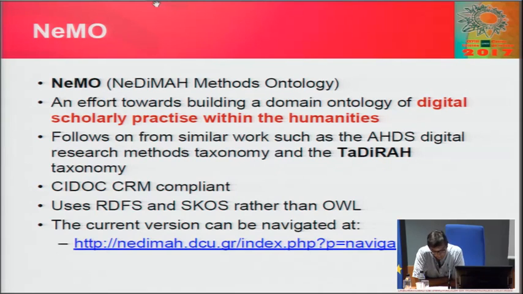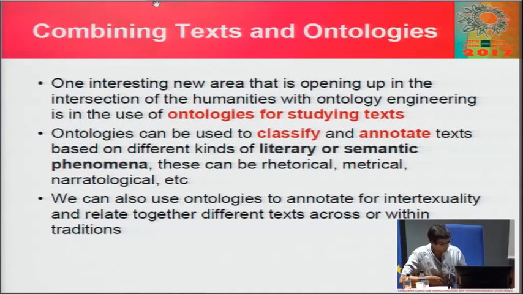It's an ontology that follows on from and consolidates similar previous work, for example the AHDS Digital Research Methods Taxonomy and the TaDiRAH taxonomy. NeMO is CIDOC CRM compliant, and it uses RDFS and SKOS rather than OWL, interestingly enough. You can find the current version at that link there. So let me move over to it.